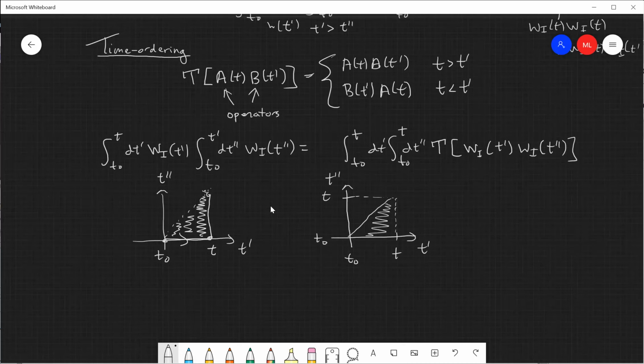We're allowing for the integral to hit places here where t double prime is bigger than t prime. And that's bad because of this commutation issue. So to fix that, we introduce a time ordering to make sure that these operators are always written in such a way that the latest time one comes first.